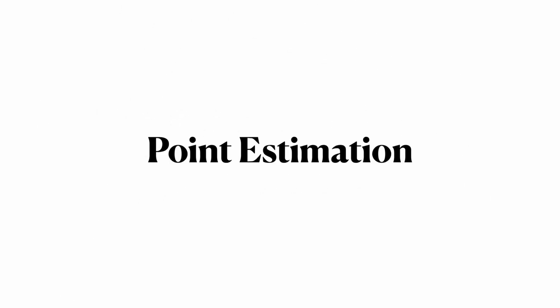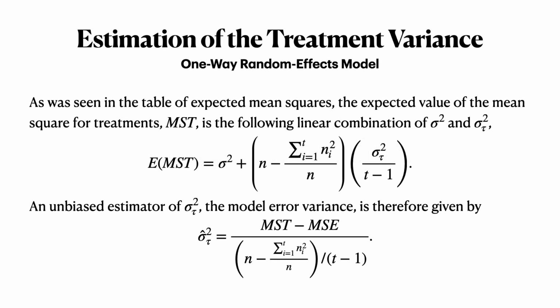Now let's look at how to estimate the treatment variance, sigma squared sub tau. We'll start off with point estimation. As was seen in the table of expected mean squares, the expected value of the mean square for treatments, MST, has the following form: sigma squared plus the product of this expression involving the sample sizes and sigma squared sub tau divided by t minus 1.